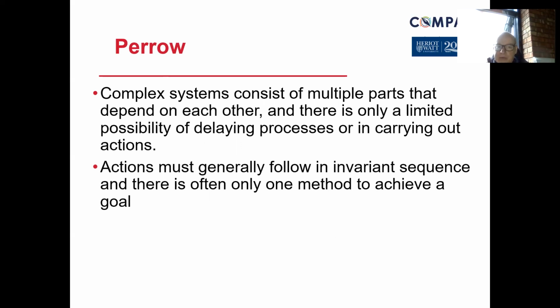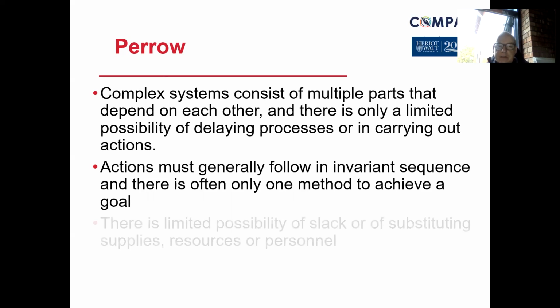Think about the variables, and there is often only one method to achieve a goal. Now, if they perceive that to be the case, it could not mitigate, should we say, the consequence. Therefore, you've got to anticipate these invariant sequences so they can make sure that the control measures, the response, mitigates and reduces the risk.